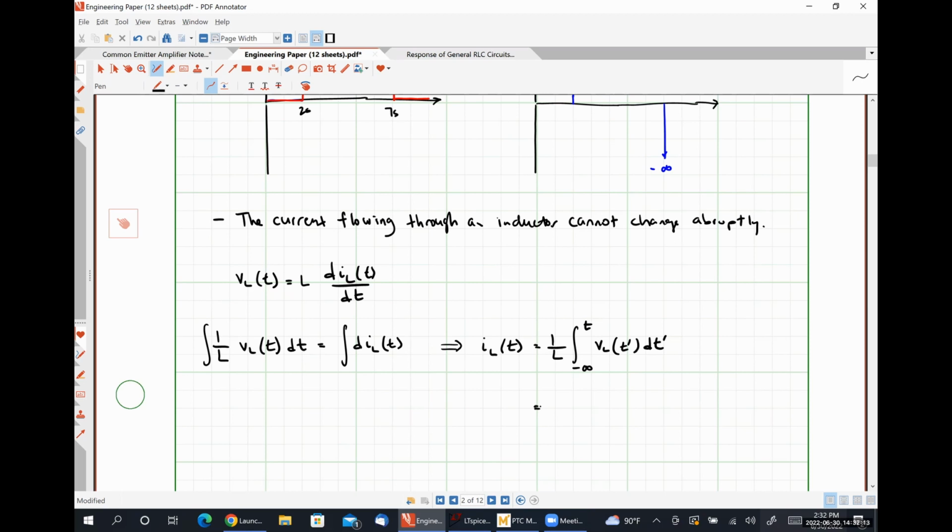And I can expand this a little bit by saying we're going to have 1 over L times the integral from t naught to t of VL of t prime dt prime plus IL at t naught. So let's interpret this mathematical expression here. And I'm going to put a box around it because this is our second big equation that we need to know.